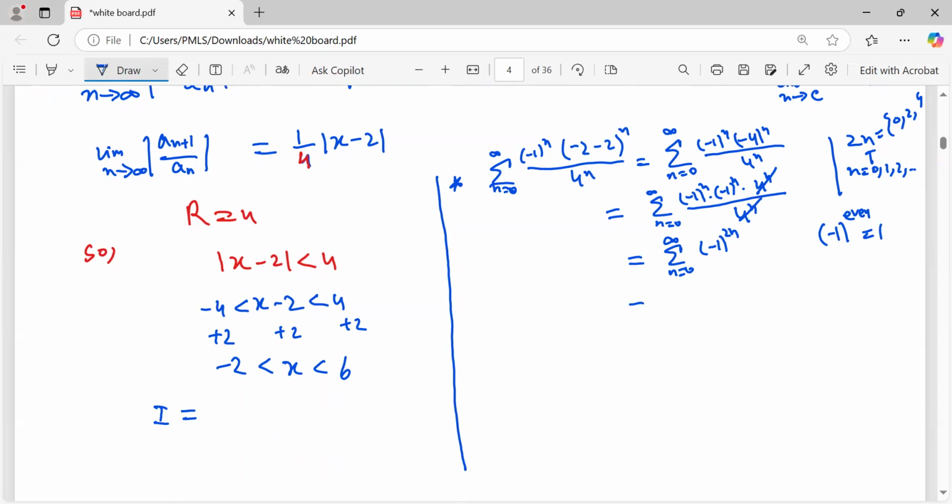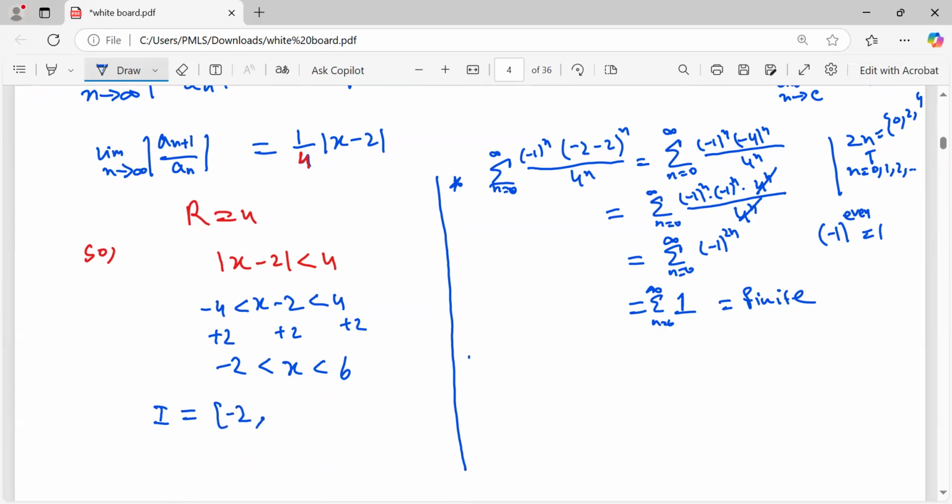So in this case we will get the constant number 1. So the sum of 1 from n equals 0 to infinity will be actually finite. So this means that minus 2 will be part of the interval of convergence.